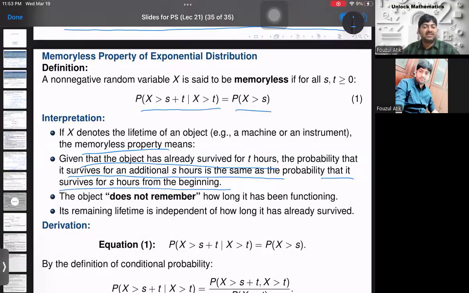So here the condition x > t, that it has already survived for t hours, is actually not taken into consideration. The object does not remember how long it has been functioning.